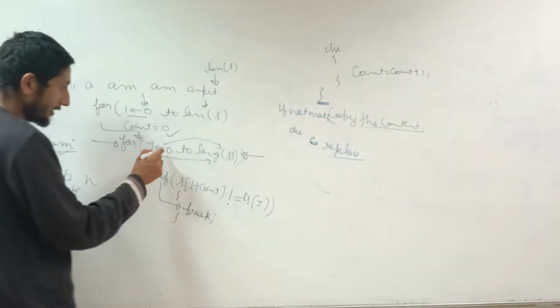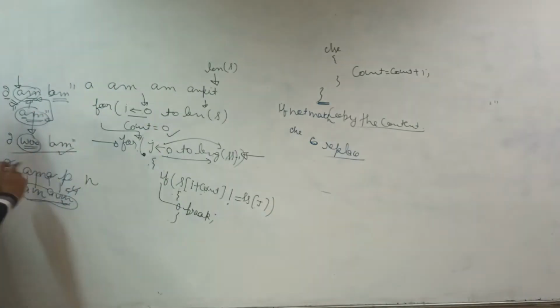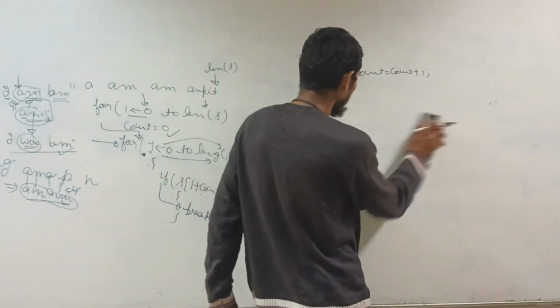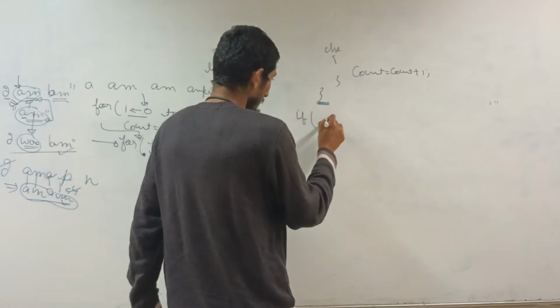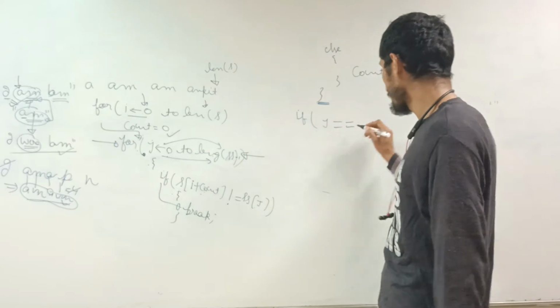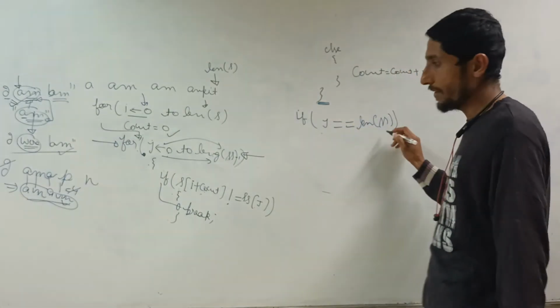It means it ran completely. So by this logic, after the loop you can put a condition: if the current value of j equals the length of ss, it means all characters have been matched.